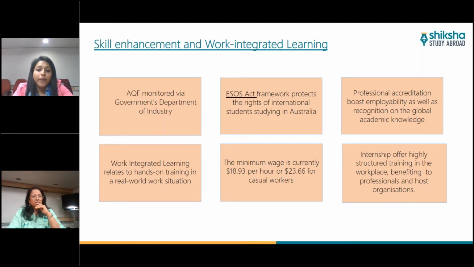A suggestion to students: these internships are usually helped and provided by Australian universities to students who at least meet or pass the minimum grading system. This is very important, and every student going to Australia should focus on it. It will help you at the end of the day when you look into job fairs or career fairs, and help you in employment opportunities later on. So look into universities where the internship opportunity is likely, and the universities guide you through it as well.